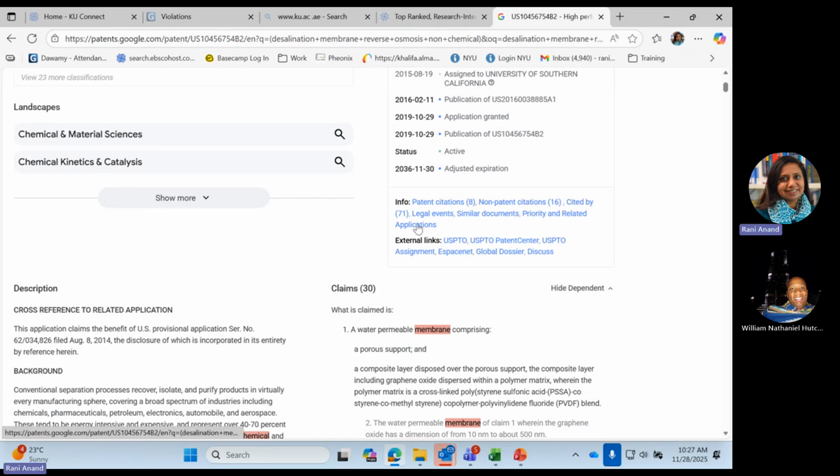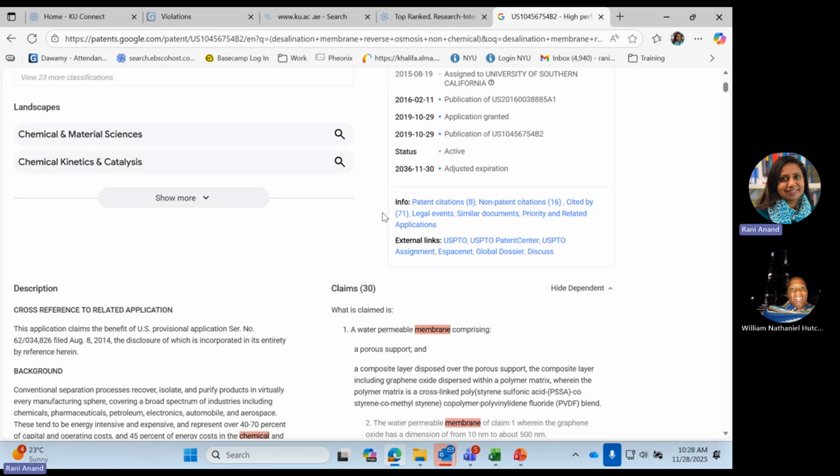It is cited by 71 patents or scholarly databases. Then legal events, similar documents. Everything related to this patent is available here. Then the link to the USPTO, Espacenet.